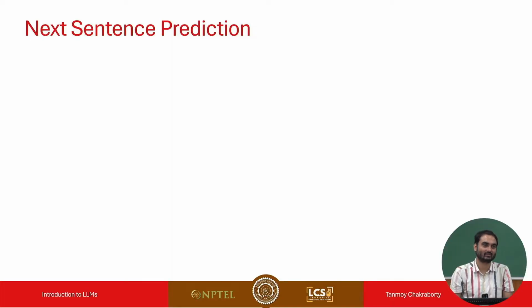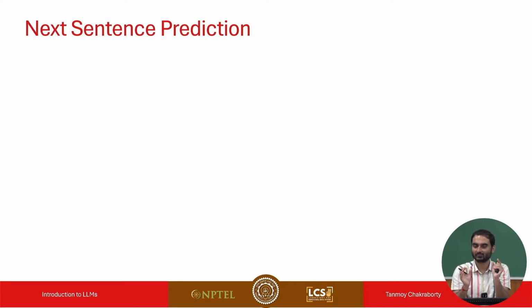What is next sentence prediction? You give two sentences, right? You have this corpus. You know which sentences are there side by side, the two consecutive sentences. You take two sentences, W1 and W2, and you let the model predict whether W2 will follow W1 or not.